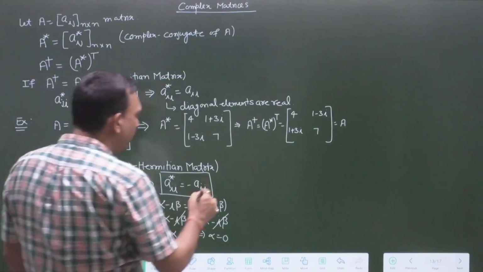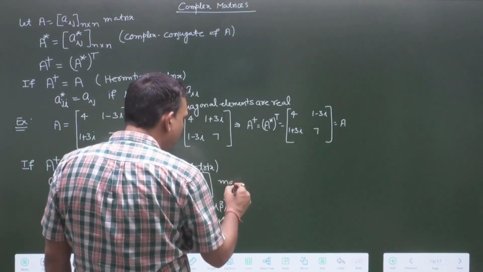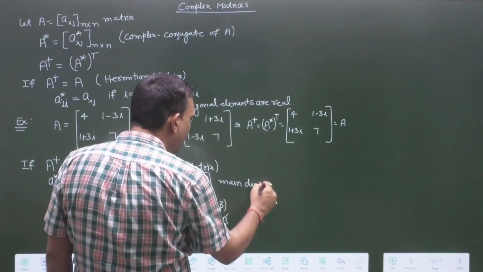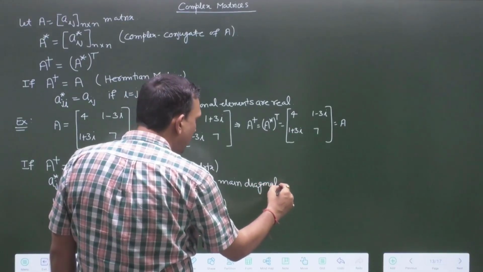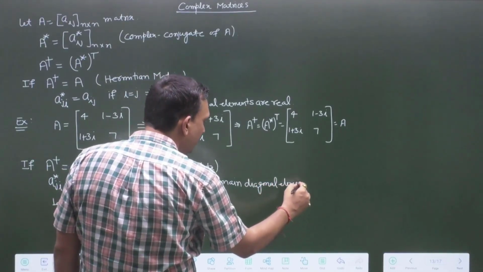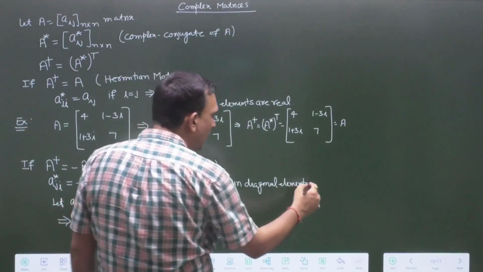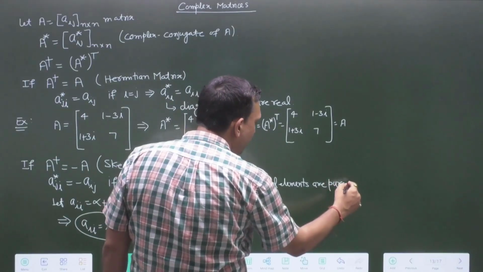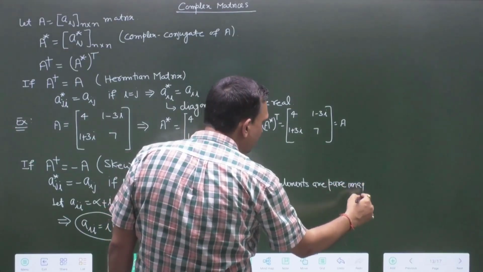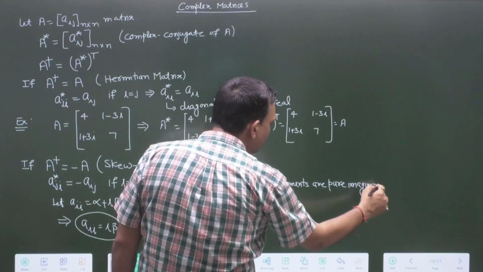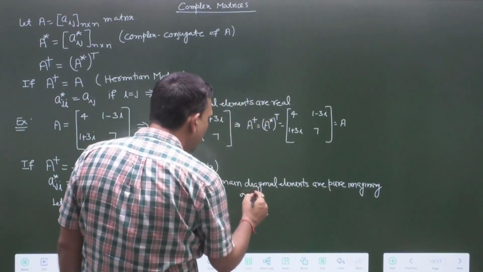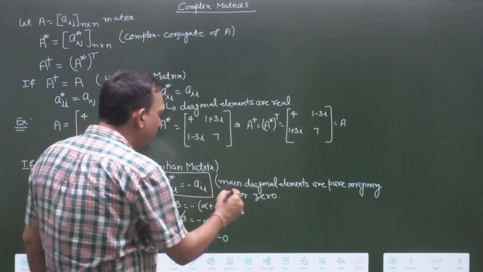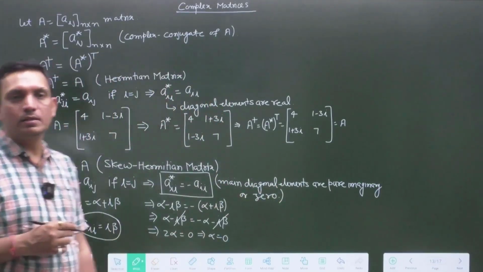So main diagonal elements are pure imaginary or 0.